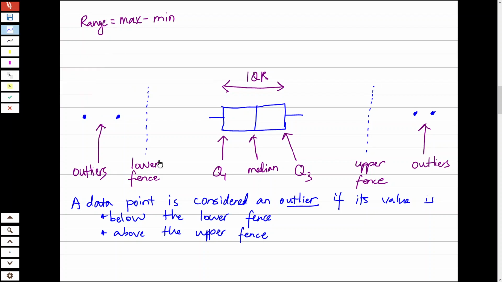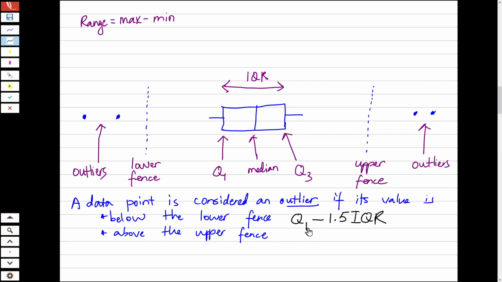And you will also want to write this down. The lower fence has a formula which involves the interquartile range. So the lower fence is Q1 minus 1.5 times the interquartile range.